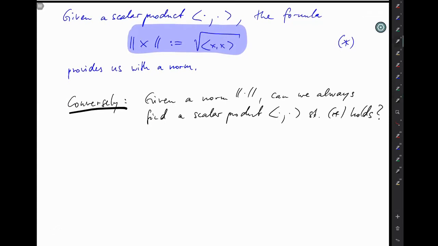So let's just reformulate this question a little bit. Instead of saying we are given a norm, and in the end we want star to hold, we could say: given x comma x for all x's, because if we have x comma x, then we have the root of x comma x, and that's what the norm should be.